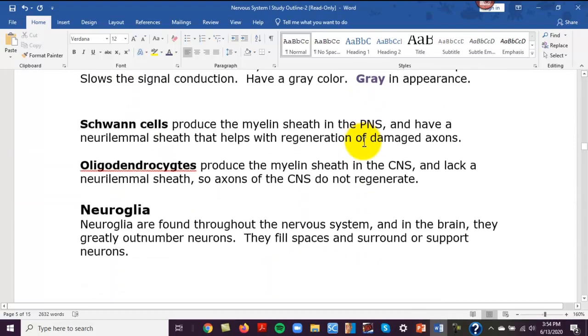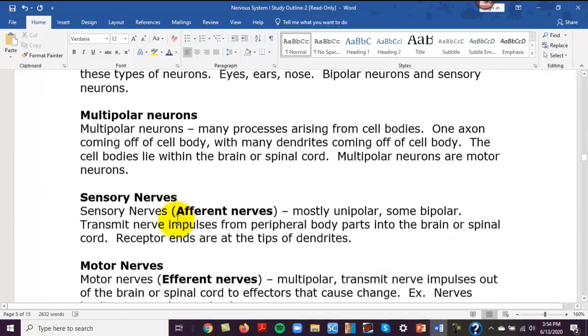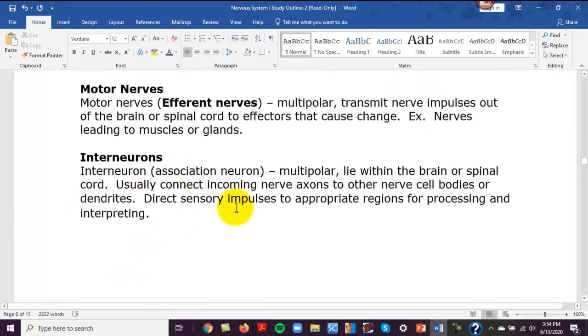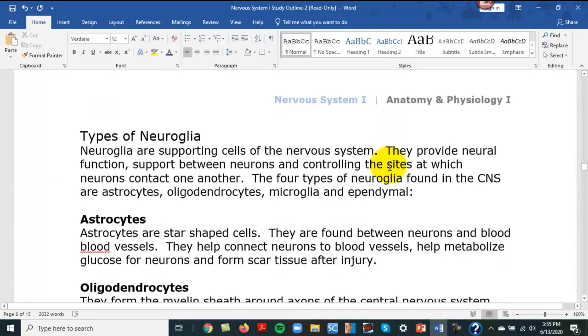So we went through those, and then interneurons, they sit within the brain or spinal cord, usually connect incoming nerve axons to the ones that are leaving, and I just showed you that. I'll show you that again before we finish this section.